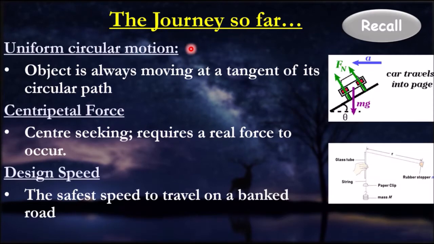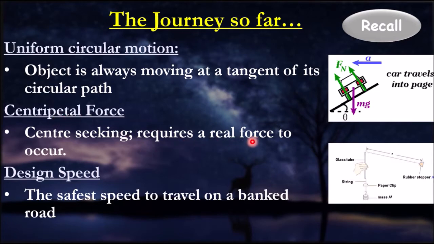So our journey so far in Inquiry 2, we've talked about uniform circular motion, the concept that an object will always move at the same tangential speed of its circular path. The reason why objects go in a circular path is because there is a net force that equates to what we know as the centripetal force.